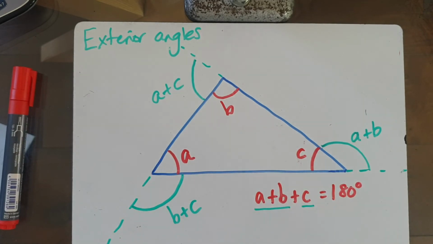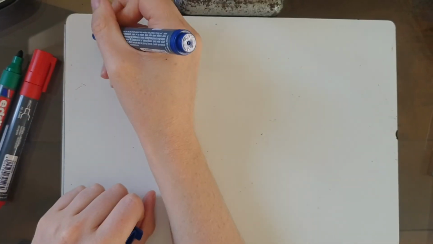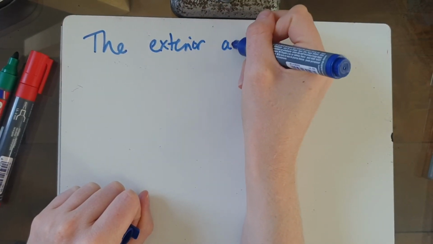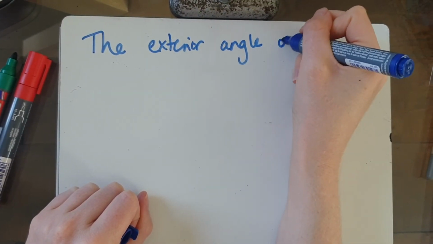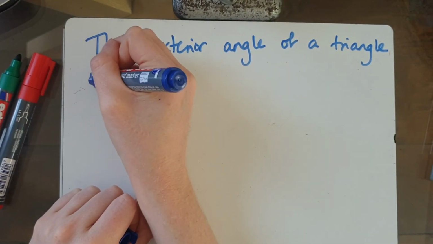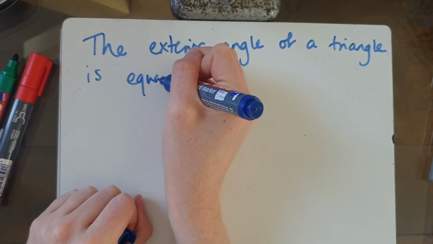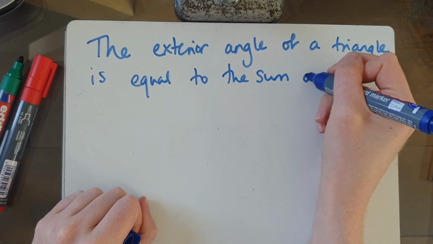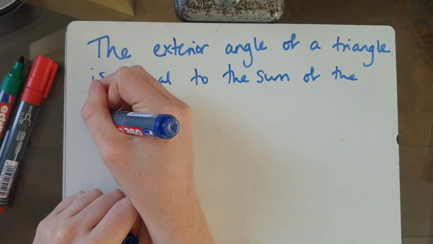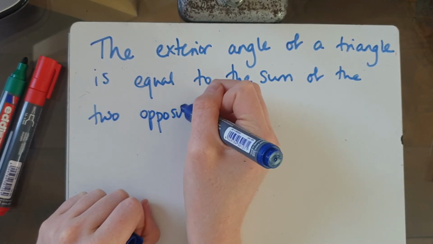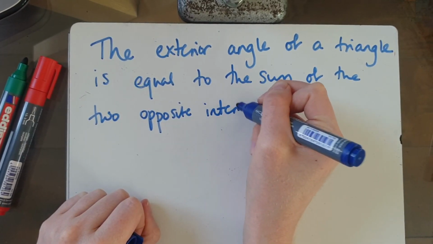So we're going to write that down as well. So we're going to write down the exterior angle of a triangle is equal to the sum of the two opposite interior angles.